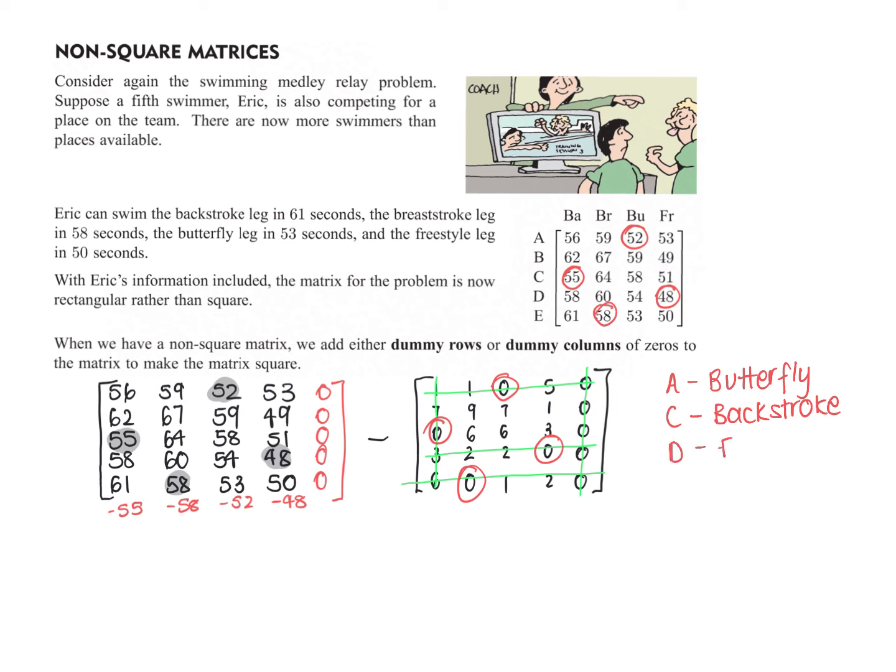D will compete in the freestyle leg, and E, so E is Eric, will now do the breaststroke. Once again from here, we could add up our time to see what time was saved. We would also probably write that B is not competing in the medley relay as well.